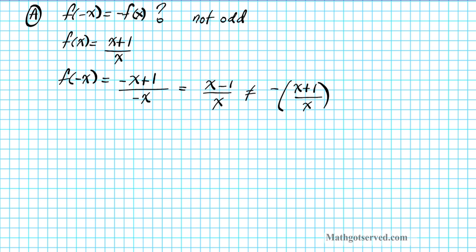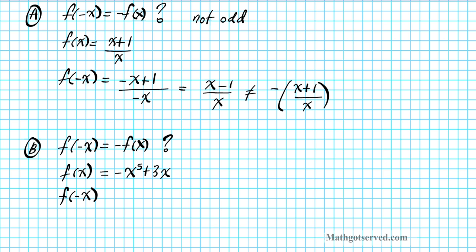So for option B, we are still asking the same question. What is the question? Is f of negative x equal to negative f of x? If I substitute negative x for x in the function, do I end up with the opposite of the function? So f of x is negative x to the fifth plus 3x.